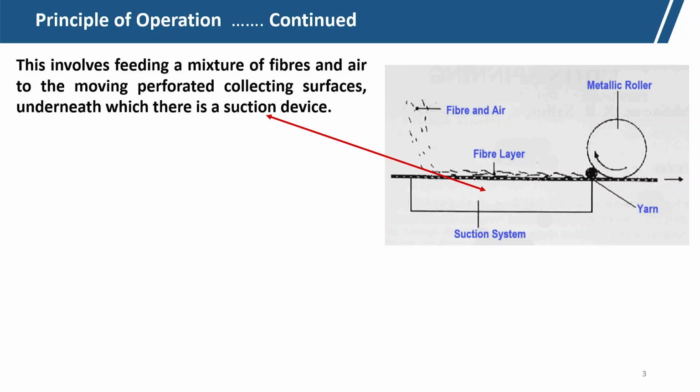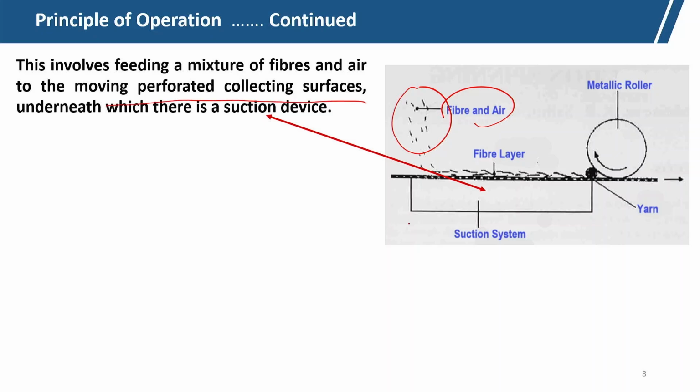And this involves the feeding of mixture of fibers and air. So, here what happened, after the opening, the fibers are moving along with the air stream. So, fibers and air are fed, okay, to the moving perforated collecting surface.